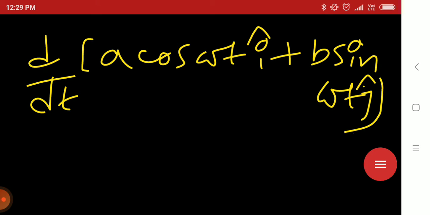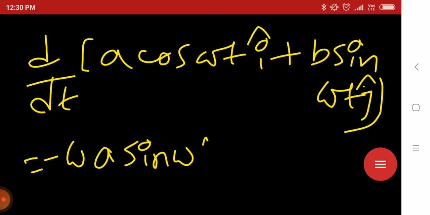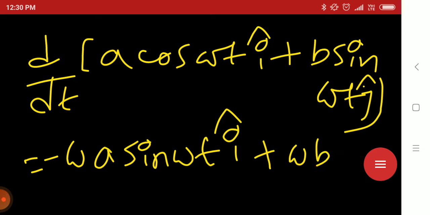After taking the time derivative, the first derivative is minus omega a sine omega t i cap plus omega b cos omega t j cap.